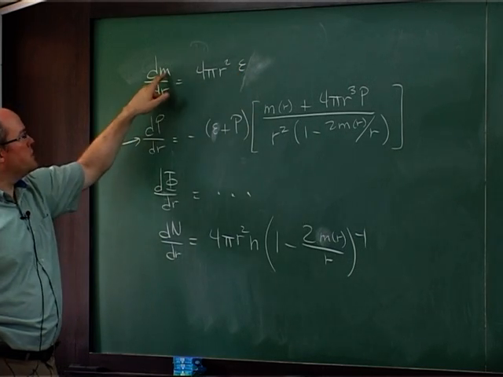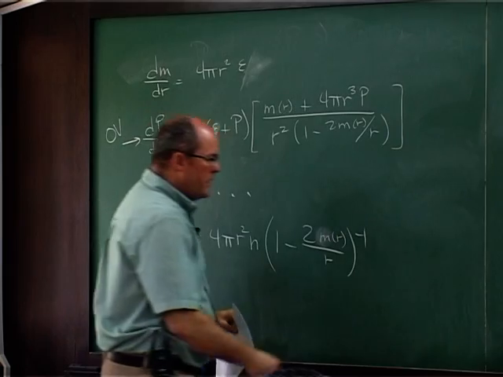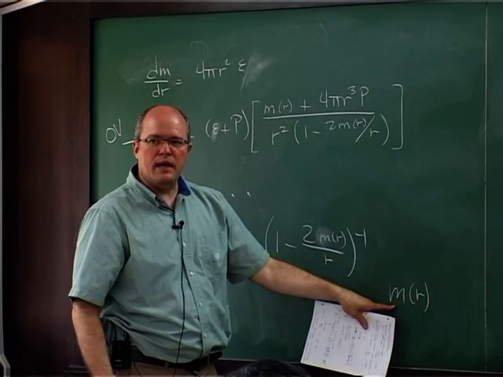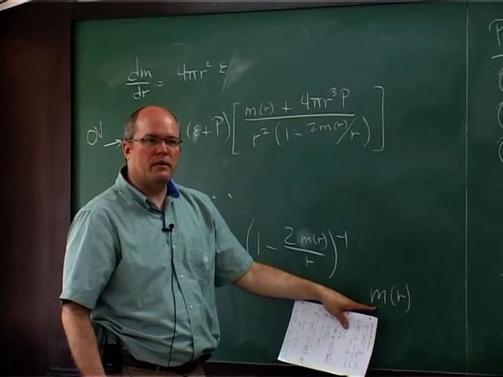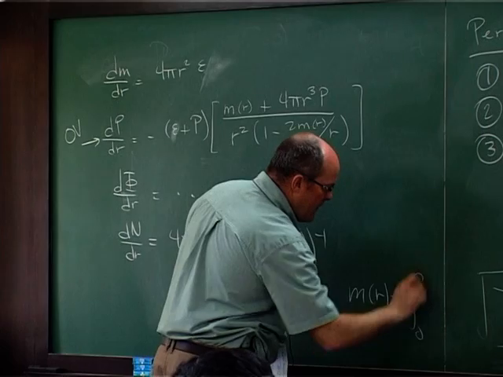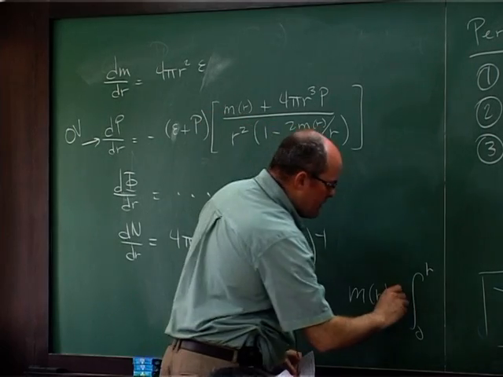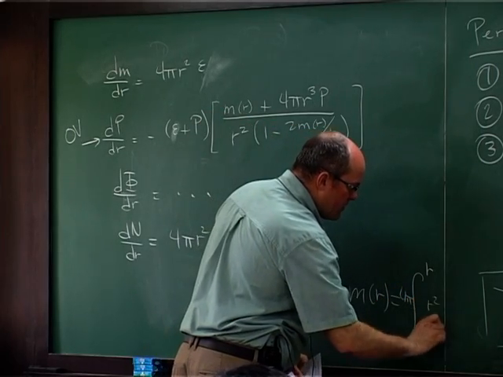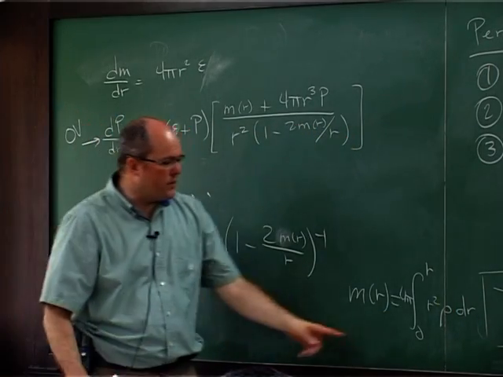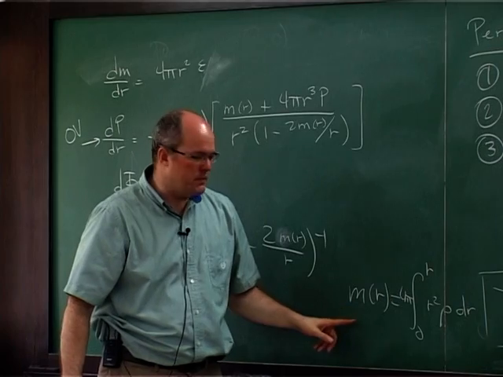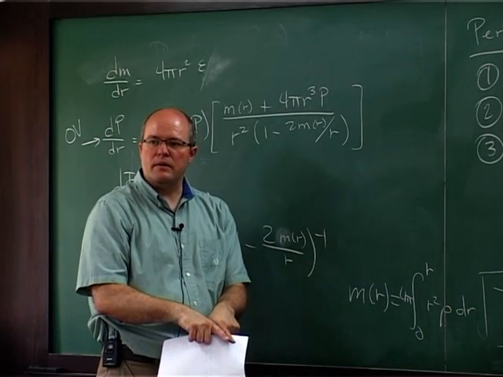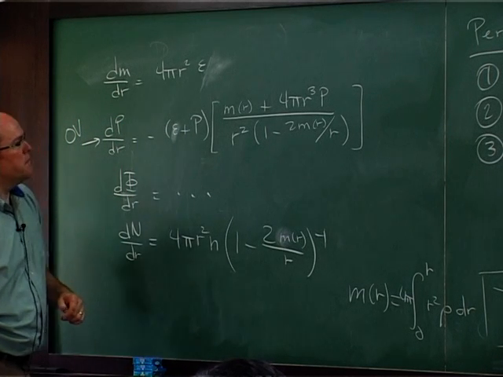Our interpretation of the function M is that M(r) tells me the mass contained inside radius r. If I write it in integral form, I integrate out to r, with a 4 pi r squared rho dr, something like this. So for any radius r I choose, this tells me the mass contained within the shell of radius r. That's how we interpret m.